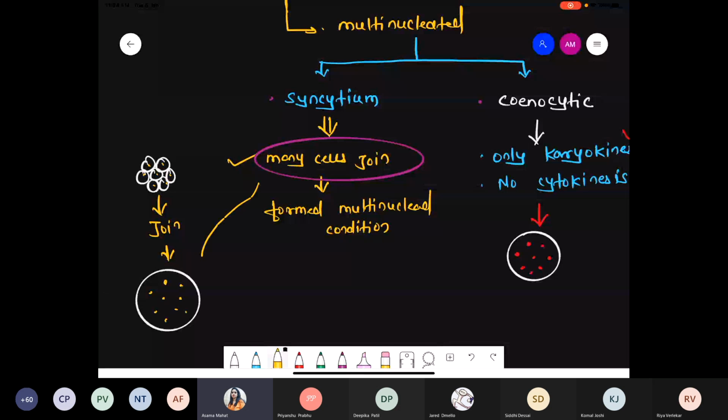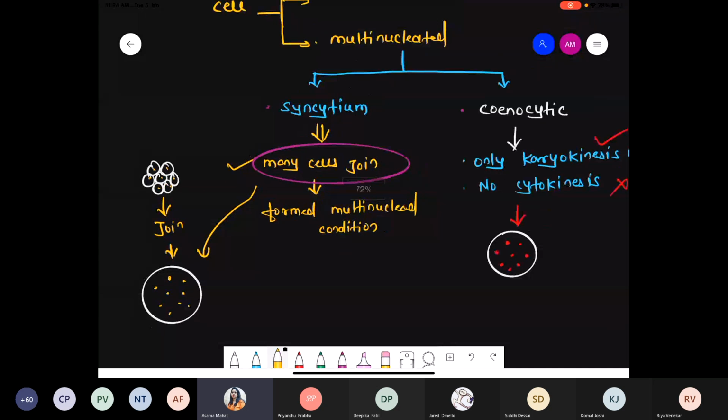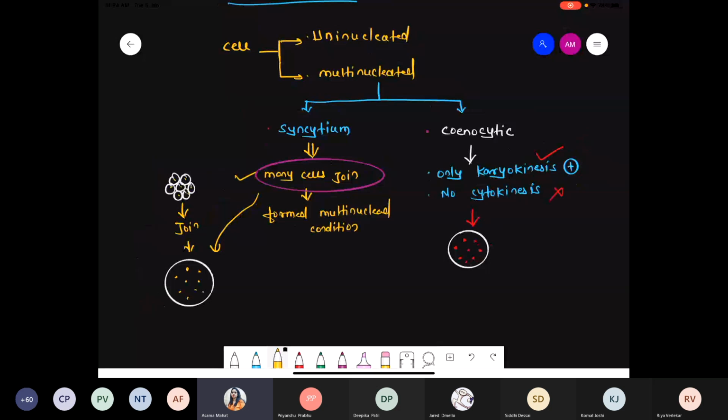Such condition simply is called syncytium condition. Both these are part of the multinucleated condition. Many cells can join and convert into multinucleated, or during the cell division, the cell undergoes only karyokinesis, only nuclear division, no cytokinesis, no cytoplasmic division. That time also it can lead to formation of the multinucleated cell. Okay, yeah, clear? Any doubt?